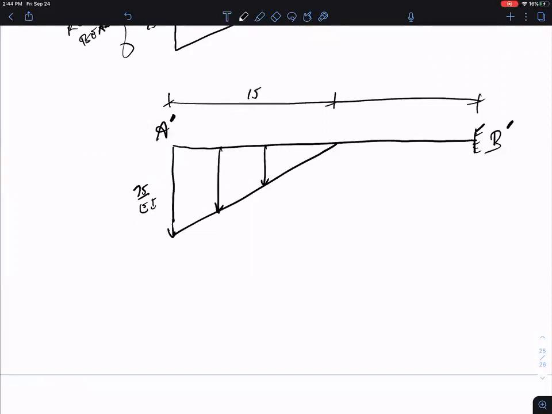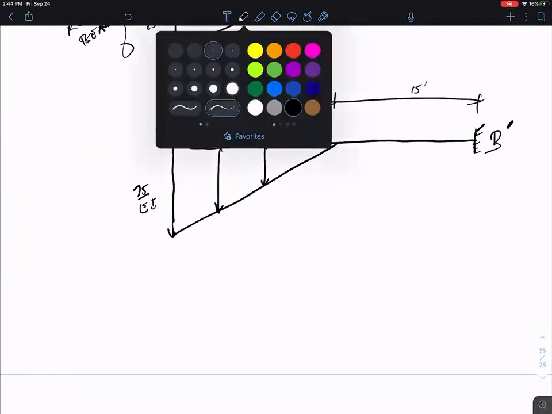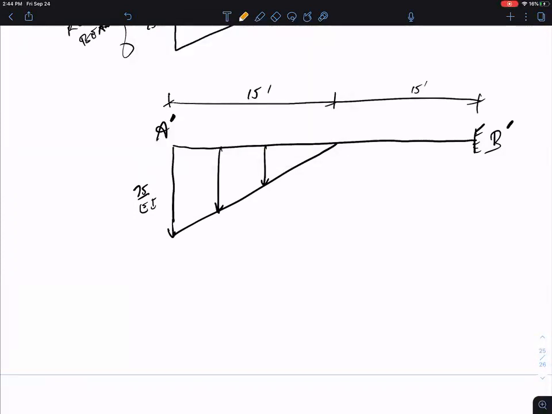And so we have this triangular M over EI loading diagram, and the resultant of that, we know, is going to be equal to the area under that triangular loading. And then the distance to the left end is going to be 5 feet, or a third of the length of a triangular loading.